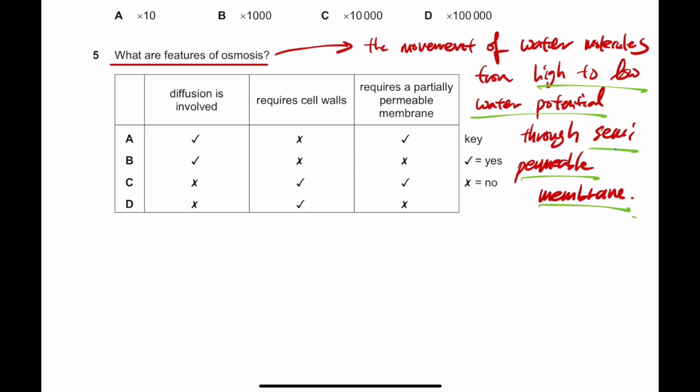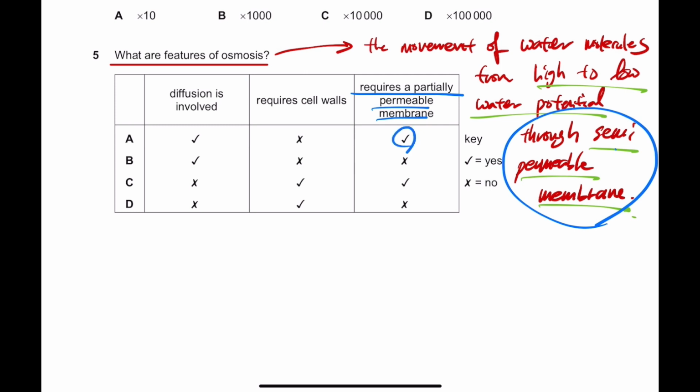All right. So let's have a look at our options here. So first one is diffusion is involved, requires cell walls, requires a partially permeable membrane. Like I wrote it here on the right side. Yes, it requires a partially permeable membrane. So semi-permeable membrane and the partially permeable membranes are the same things.